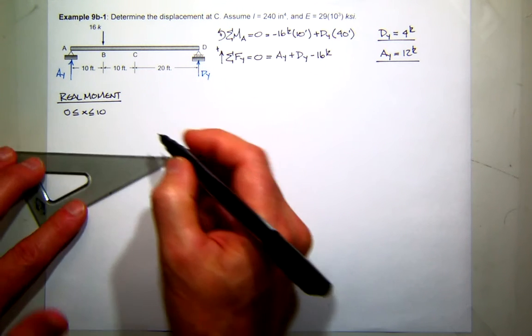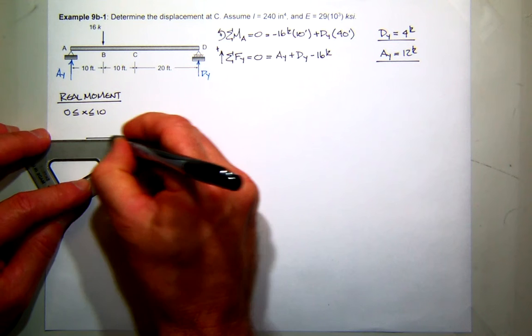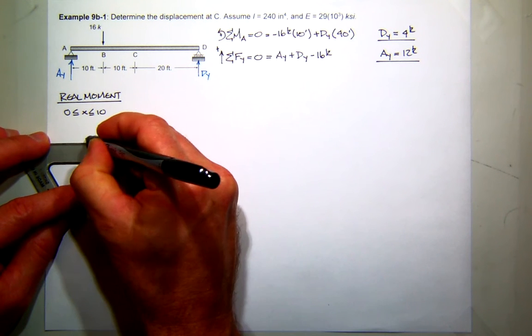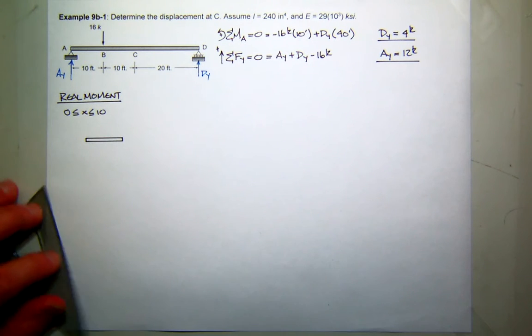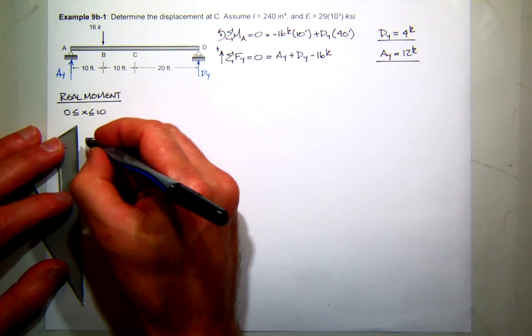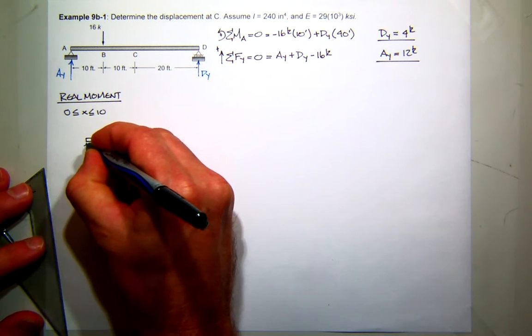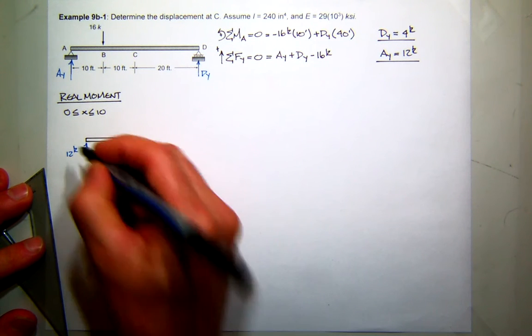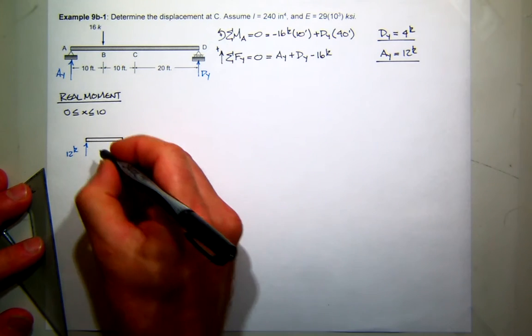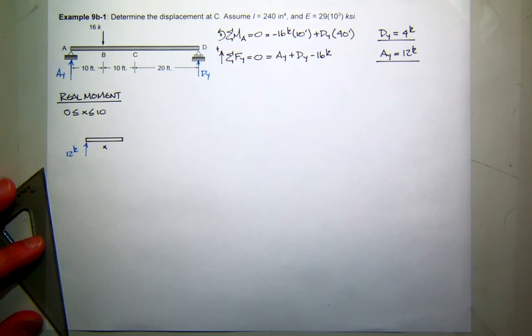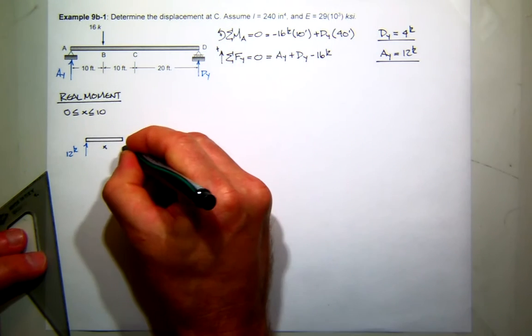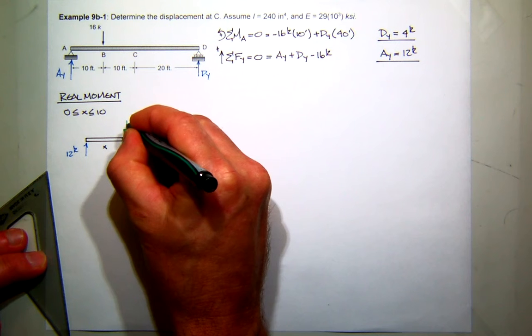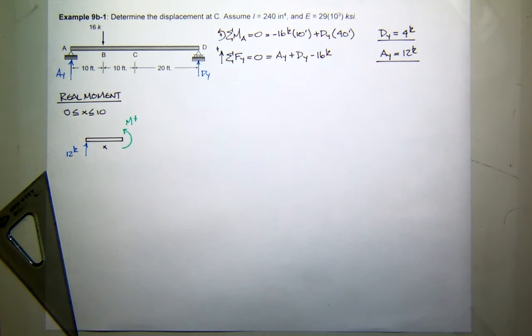So let's draw a free body diagram for that section. I have my AY force, which is 12 kips. I'm cutting that at some distance x, and I'm looking at the internal moment at the cut.